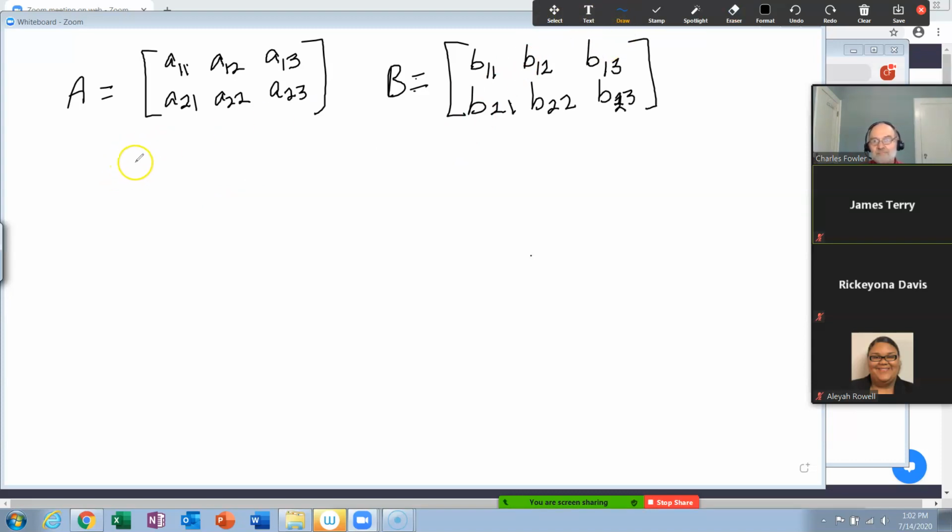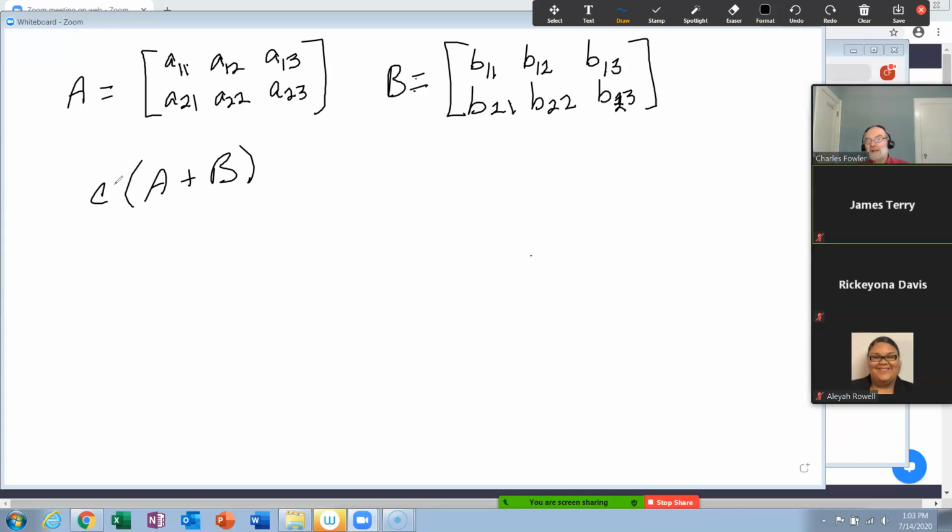Now, number 7 was: if you take some number C times A plus B, well, let's first add A and B together. We already have done that. A11 plus B11, A22 plus B22, you got them all added together. If you multiply C times that, you multiply C times A11 plus C times B11.